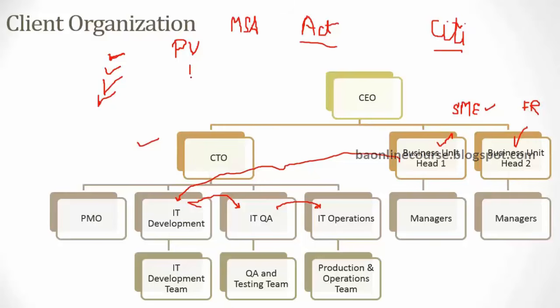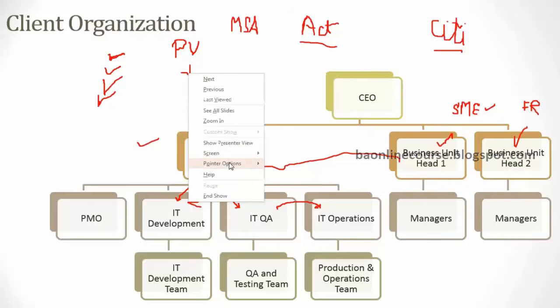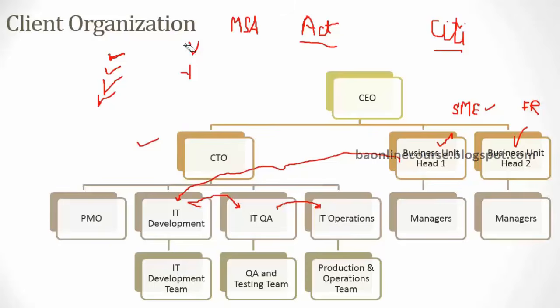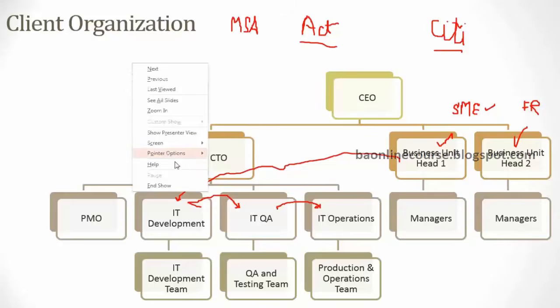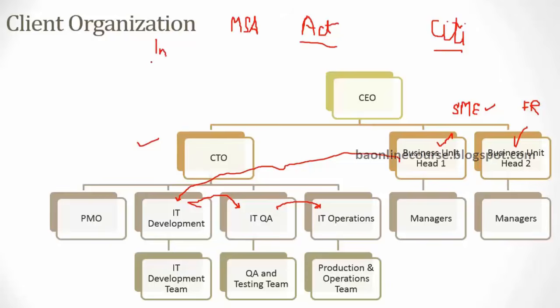Let's say there is Infosys, then there is let's say IBM, there is Accenture, let's say TCS, and Cognizant.